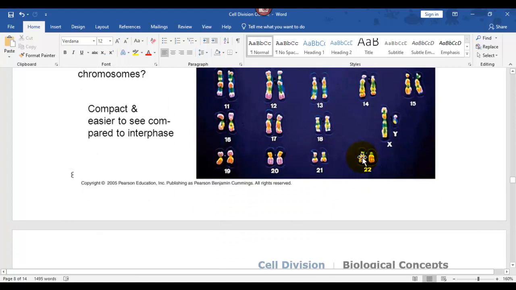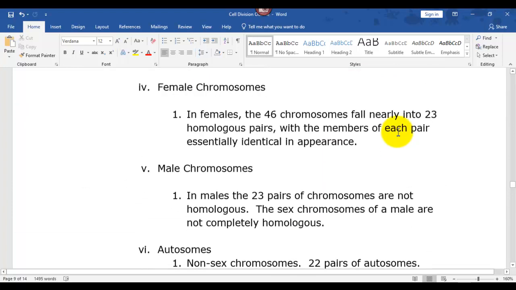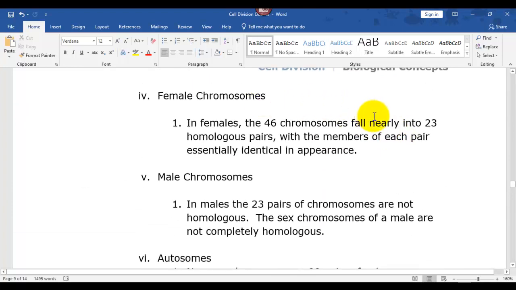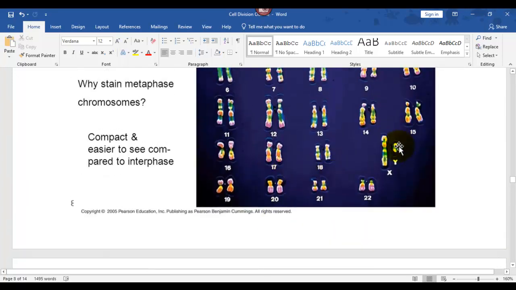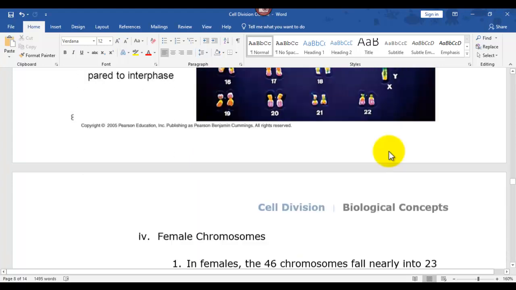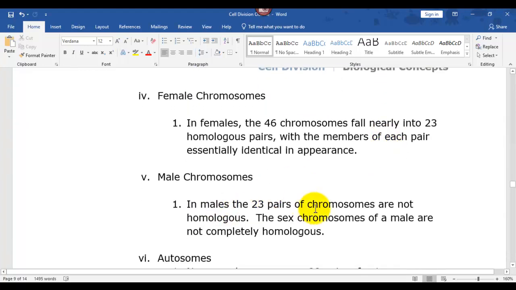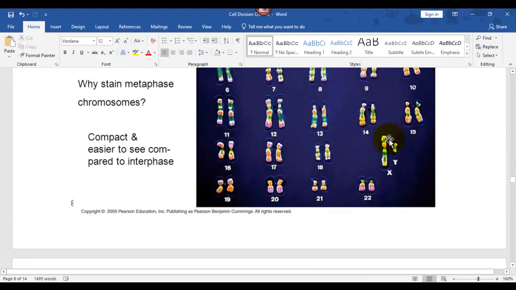These all look the same. In males, the XY, the Y is a lot smaller than the X. So female chromosomes, the 46 chromosomes fall into 23 homologous pairs because the two X's are going to look just alike. In males, you can see that they're not homologous.